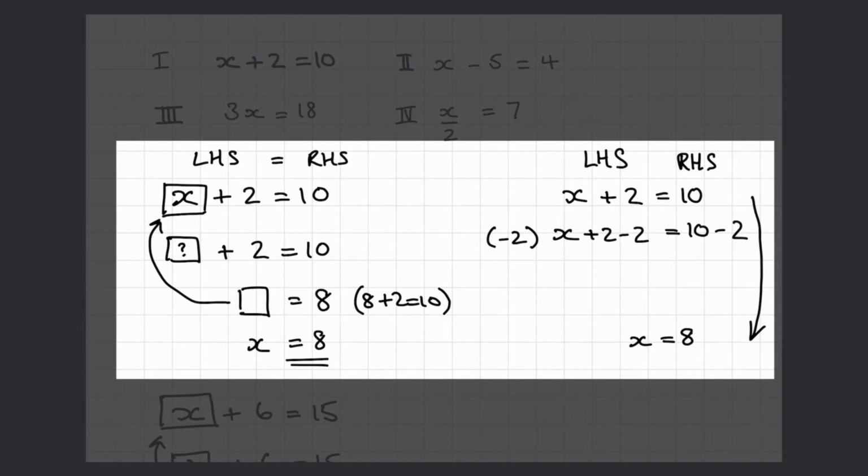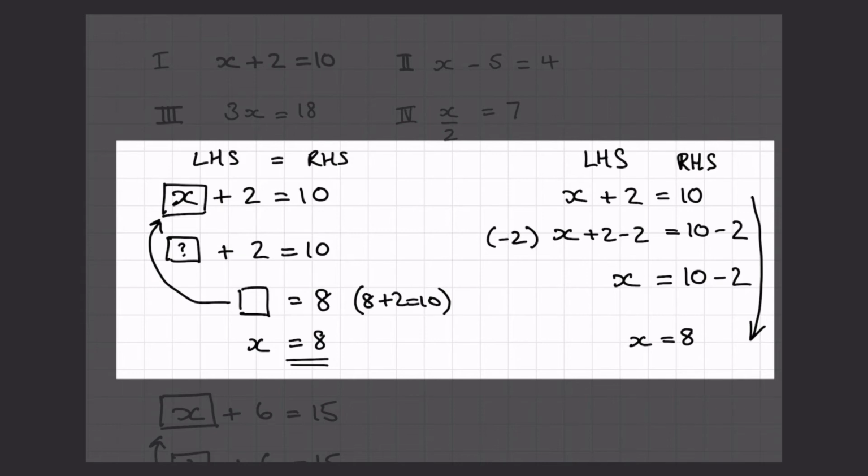X add 2 subtract 2 is x. Yes, because if you start with something, add 2 to it, and then subtract 2 from it, you're going to end up with that something. And remember, the whole idea was to get rid of the 2. X is equal to 10 subtract 2.